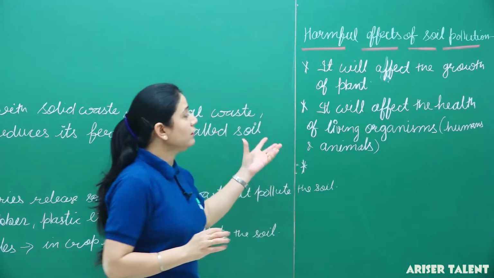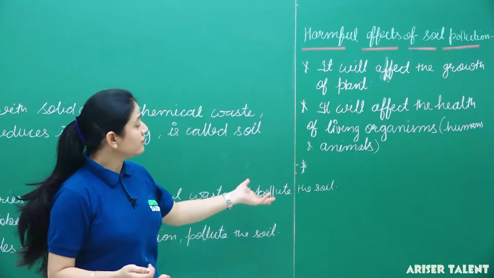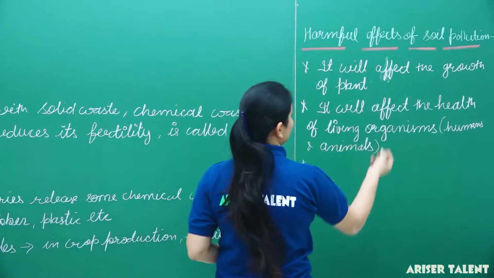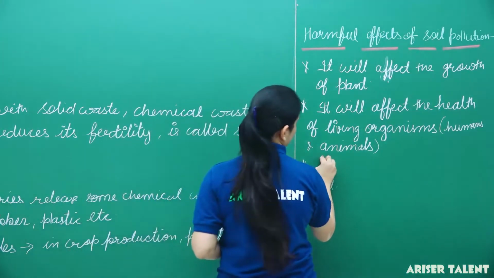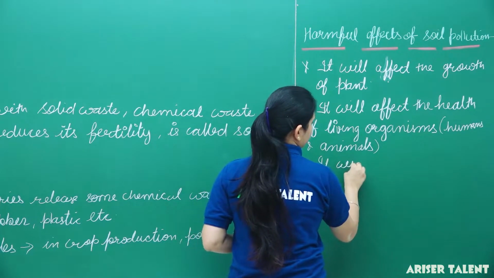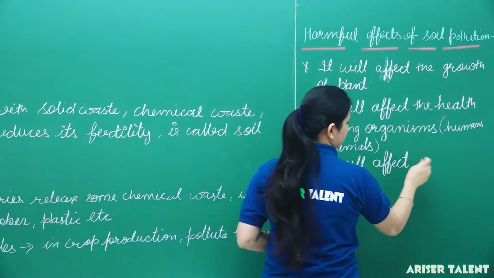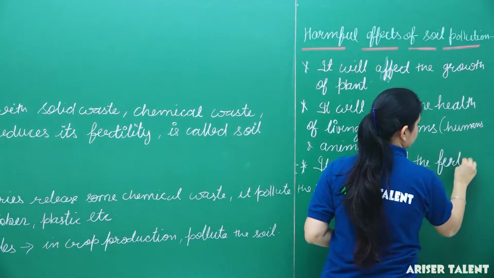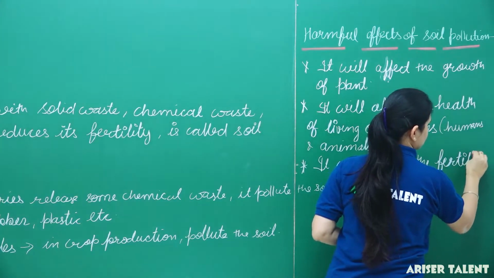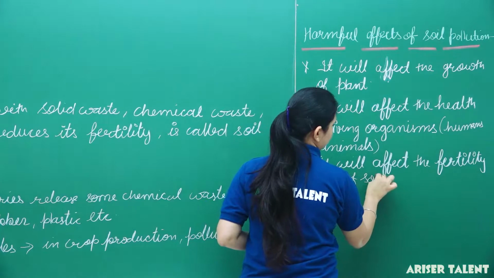Okay, if the soil will be polluted, then it can be barren. Then we can say that soil pollution will affect the fertility of the soil.